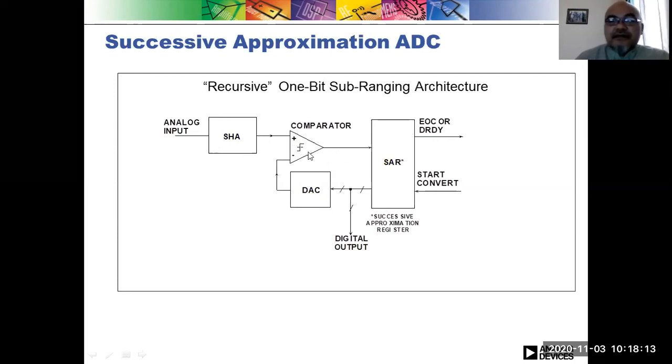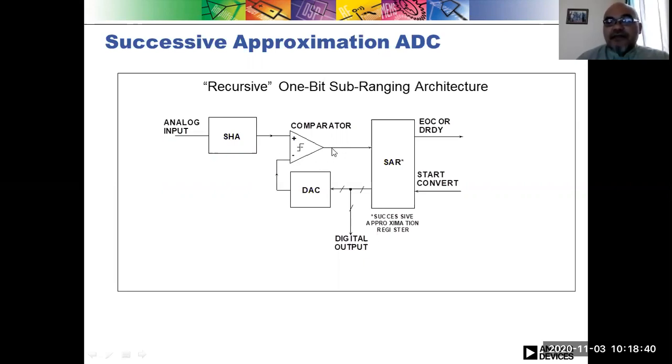Then the successive approximation register will input a value, for example first approximating with the most significant bit, and then it creates an analog value out of it, converting that digital value to an analog signal, and then compares the value.